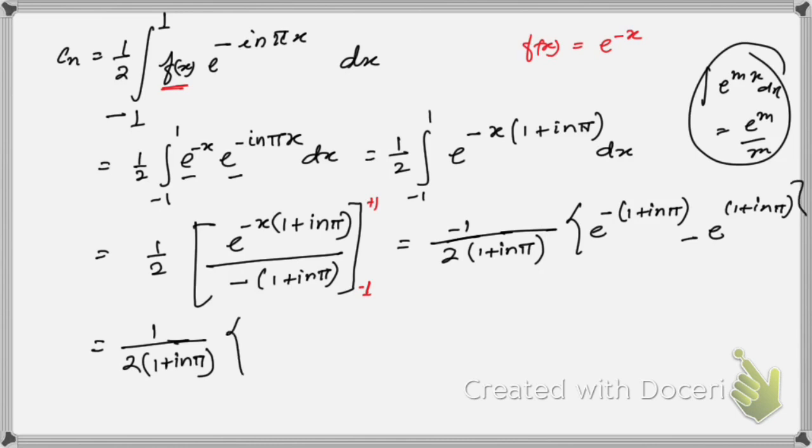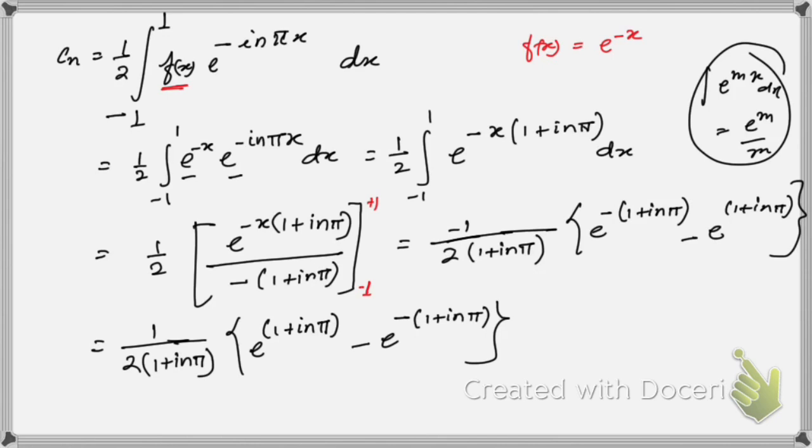This second term, which is negative, is going to be positive, so e to the power minus, plus 1 plus i n pi, right? And this first term, which is positive, is going to be negative, so minus e to the power minus 1 plus i n pi, right? So that's what we're going to have. Hope you have understood this.